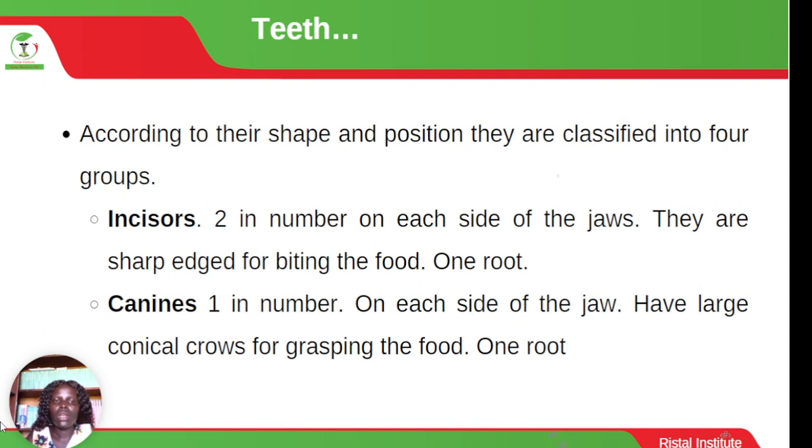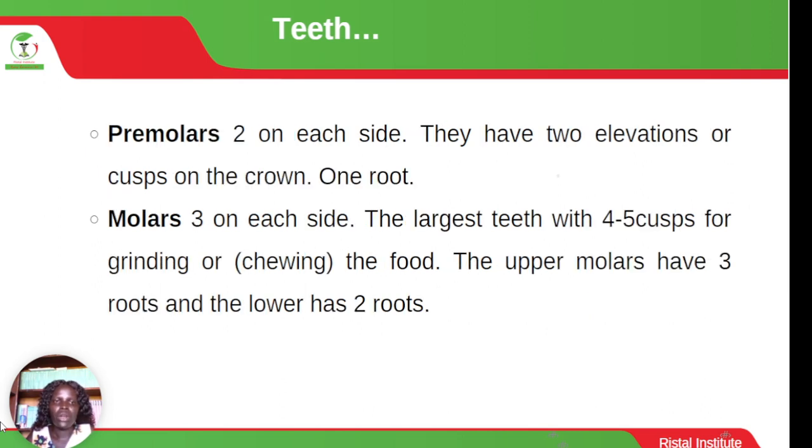This one is 1 in number on each side of the jaw, and they have a large conical crown for grasping the food, and they have only one root. Then we have the premolars, 2 on each side. They have 2 elevations or cusps on the crown, and they also have a single root.